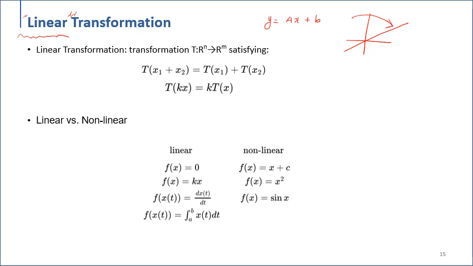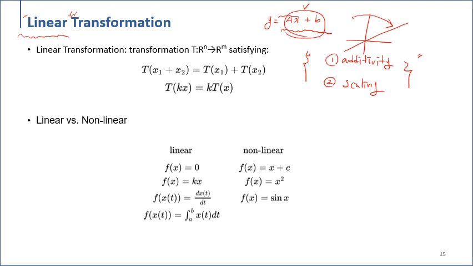And so when you talk about linearity, two characteristics should be preserved. The first one is additivity, and the second one is scaling. So when we think about these two characteristics, we can clearly see that additivity and scaling have been used in this form.